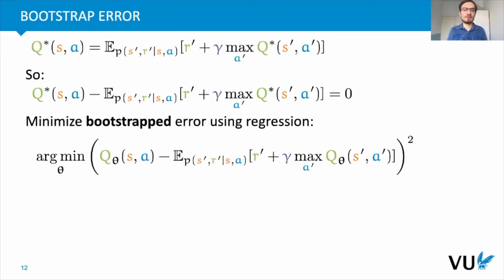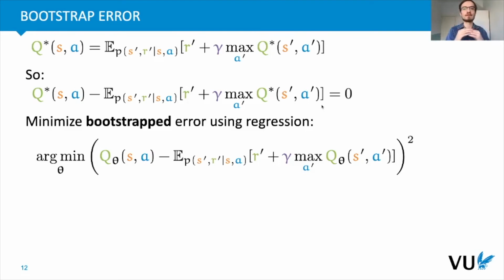And this gives us a very convenient way, because it's a difference that we can just minimize. We often call this the bootstrap error or the Bellman error. Both mean the same thing. So we want to find a neural network such that this difference is almost going to be 0.